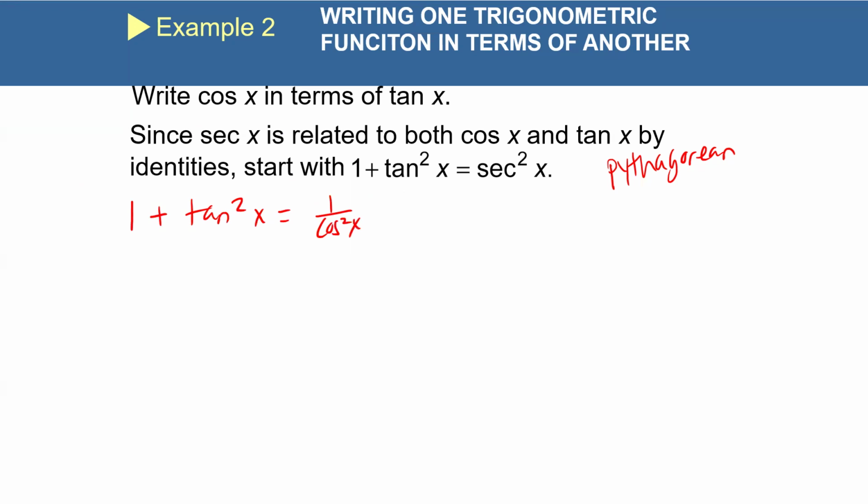And now it wants us to get tan by itself. What are the steps to get tangent by itself? Subtract the 1. So now tangent's almost by itself. What's the last step?